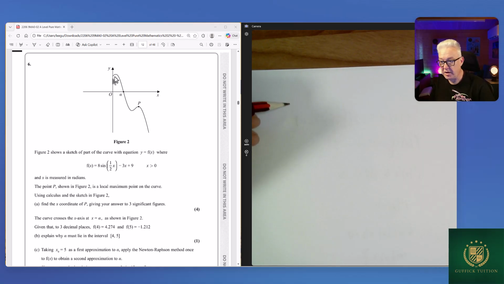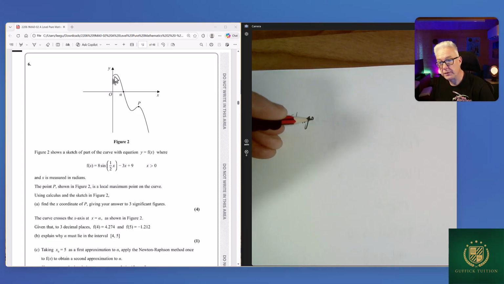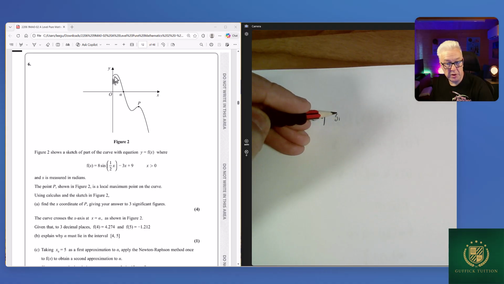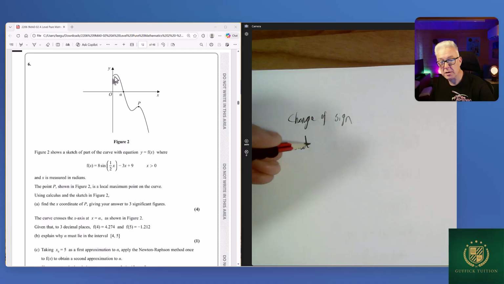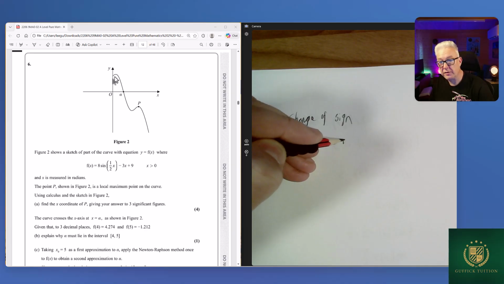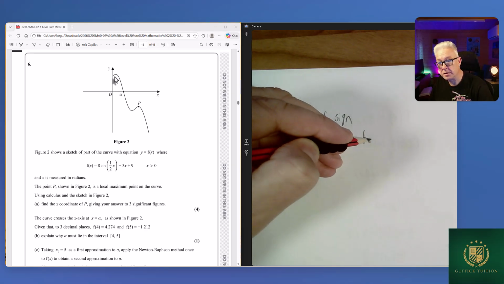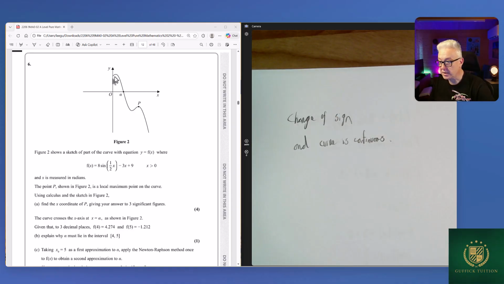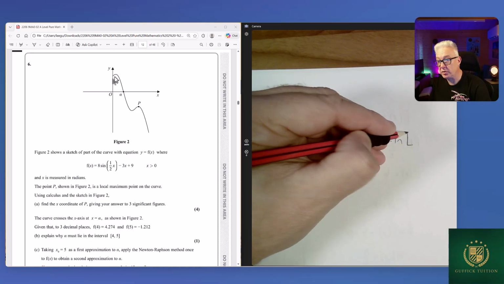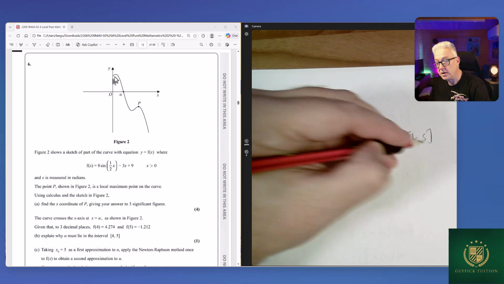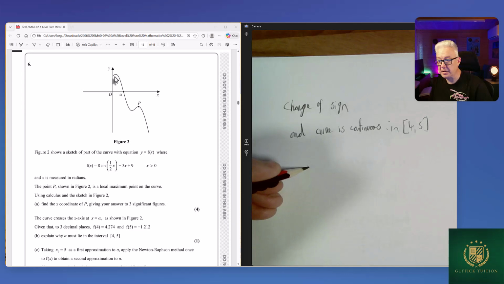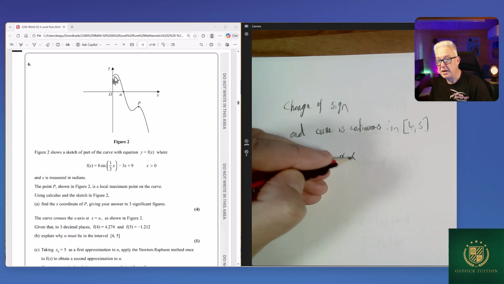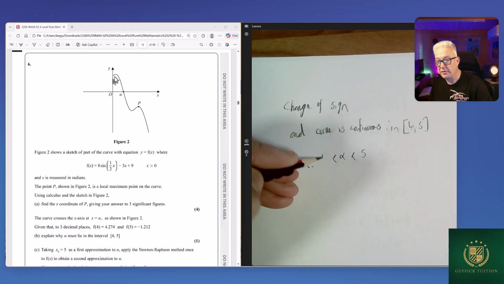So we're just going to say that because there is a change of sign, because we've gone from positive to negative, change of sign, and very importantly, the curve is continuous in the interval from 4 to 5. Okay, so that's what we need to say. We have a change of sign and the curve is continuous in that interval. So therefore alpha is in between 4 and 5.